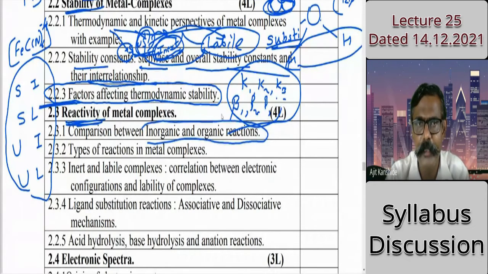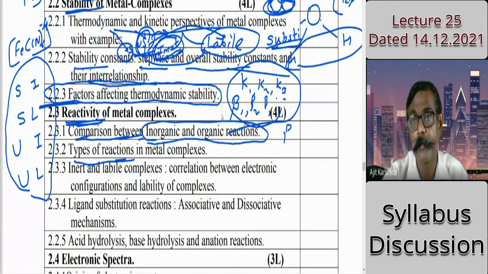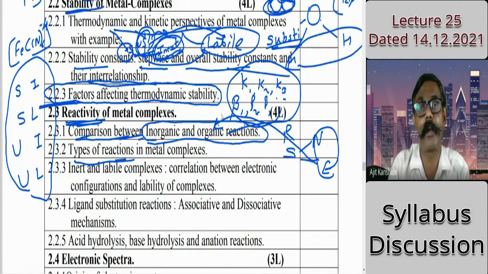In your syllabus, substitution reactions are there, but at the beginning we compare inorganic and organic reactions, and then you study the types of reactions. The redox reaction may be possible, substitution reaction, and in substitution, nucleophilic substitution, electrophilic substitution. That comparison we will do for organic and inorganic chemistry.